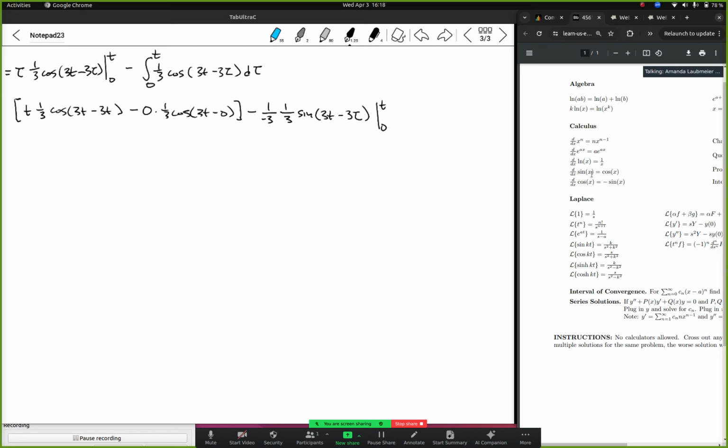So simplifying the part in brackets, I've got t times 1/3 cosine 0 minus 0, so that's just going to go away. And then minus, when I plug in t here, I'm going to get 1 over minus 9 sine of 3t minus 3t, minus 1 over minus 9 sine of 3t minus 0.